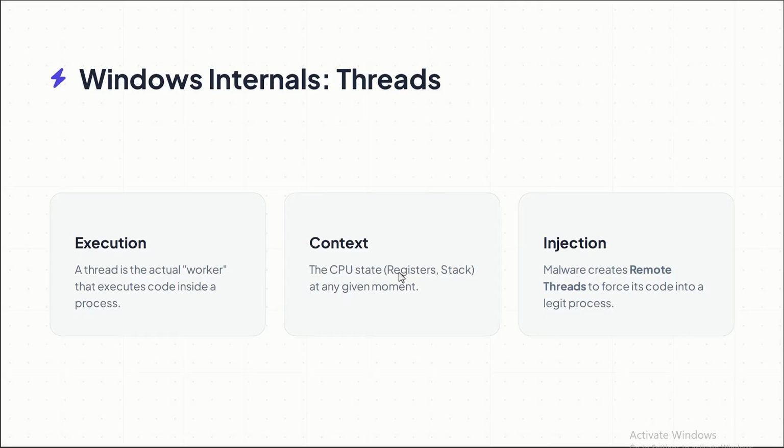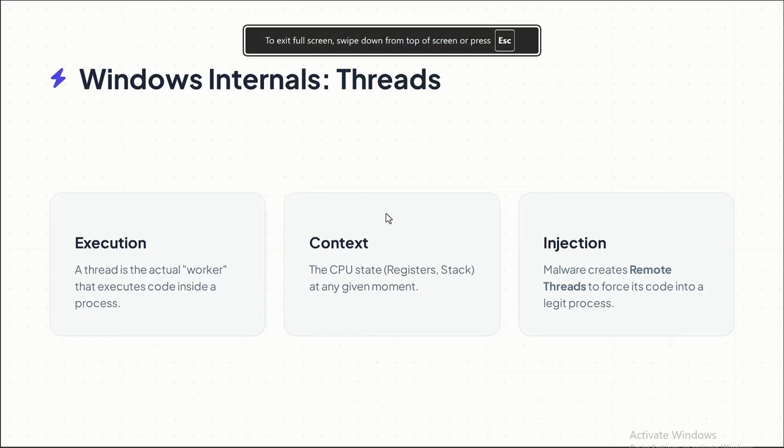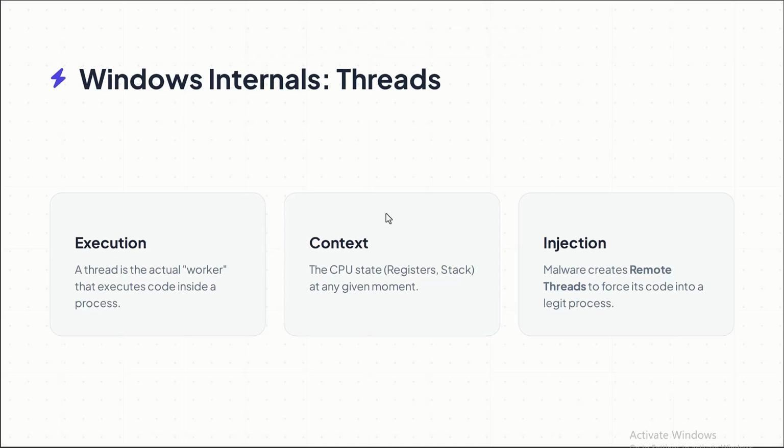And the thread. Well, actually, a process without a thread is not a process, because the process stores the actual execution code. As explained from the slide, a thread is the actual worker that executes code inside a process.